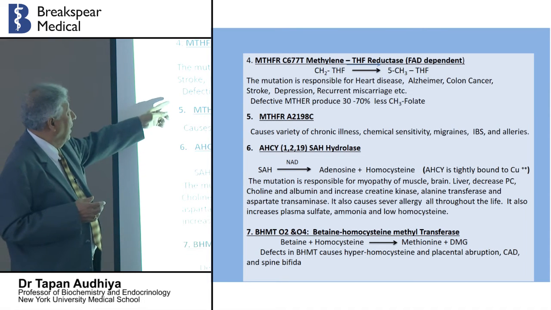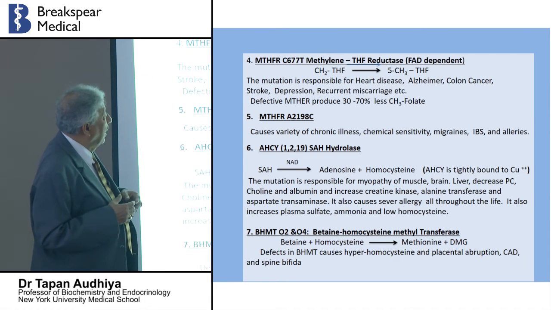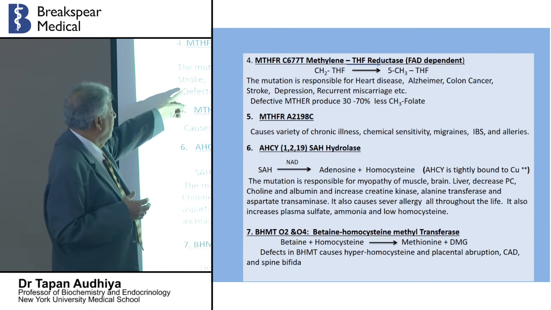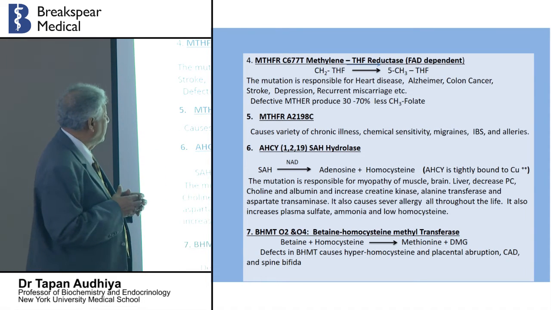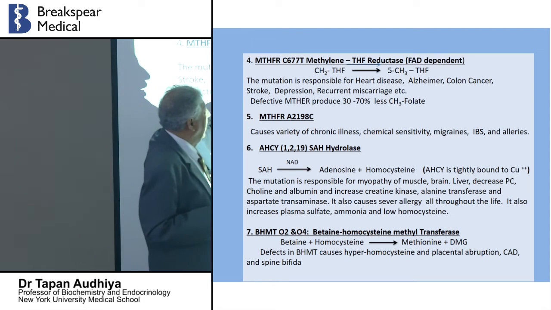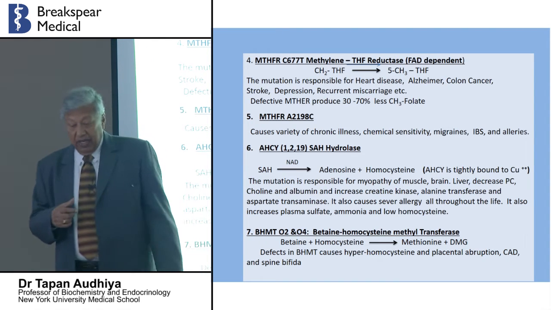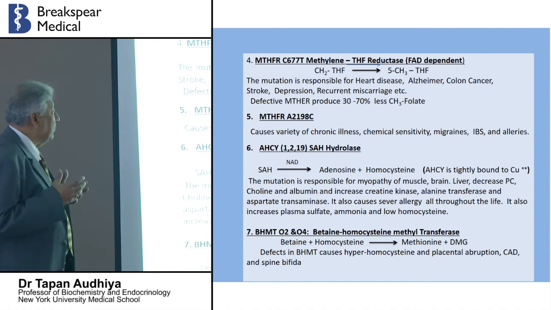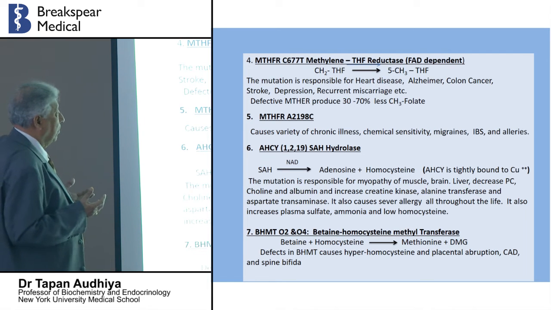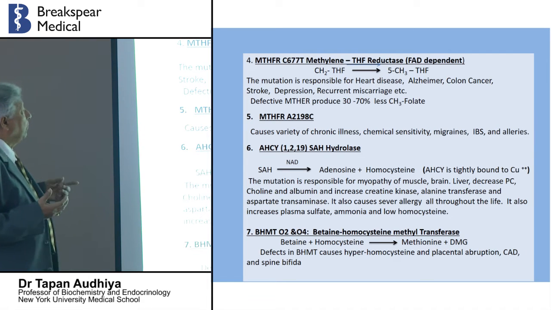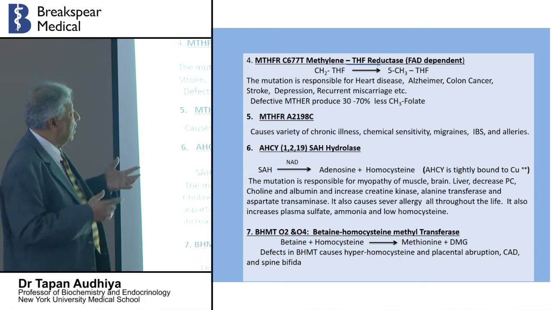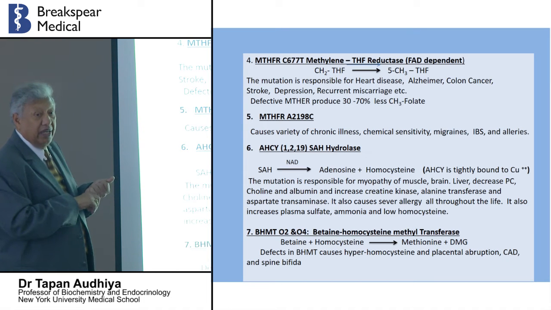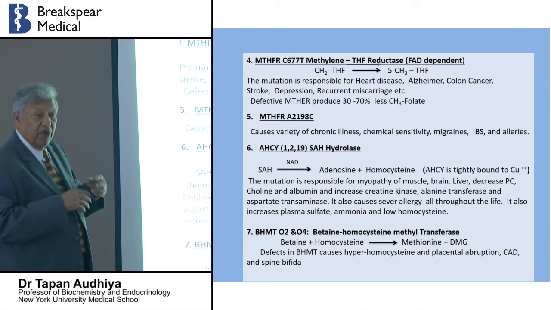It causes the Alzheimer's, colon cancer, stroke, depression, recurrent miscarriage. This is the most deadly one, recurrent miscarriage. And if you see any patient comes in with a recurrent miscarriage complaint, you can definitely go, a couple of things you can do immediately to alleviate their problem, okay?